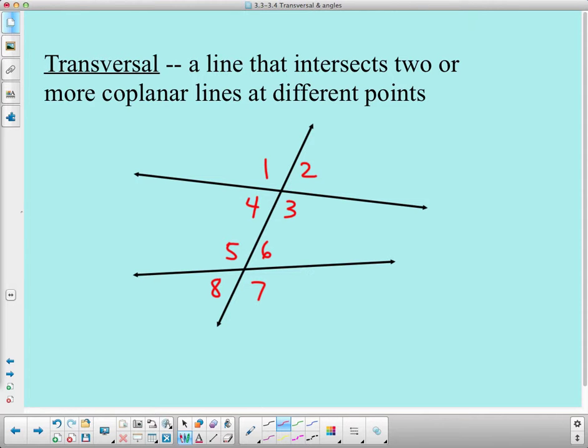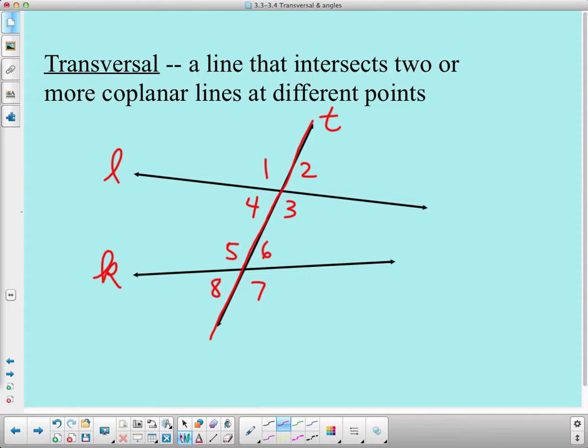Okay, so let me label: this line is L, this line is K, the transversal we'll call line T. Now to preview a few ideas, if this is the transversal, which angles are on the same side of the transversal? Which ones are on the left side? 1, 4, 5, and 8 are on the left side of the transversal. 2, 3, 6, 7 are on the right side.